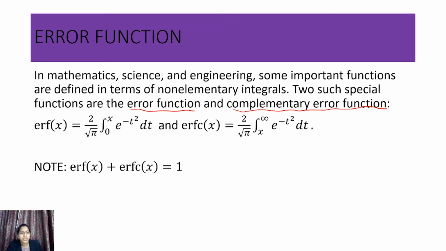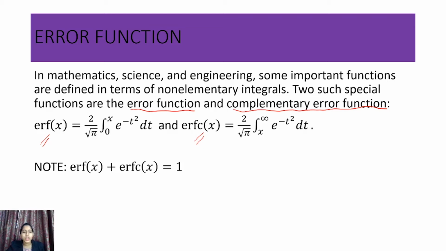This is given by 2 by root pi, integral 0 to x of e raised to minus t square dt, and the complementary error function is the same, but the limit varies from x to infinity. So just keep these two formulas in mind.